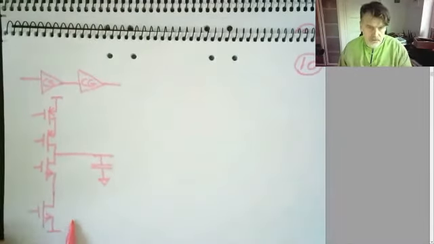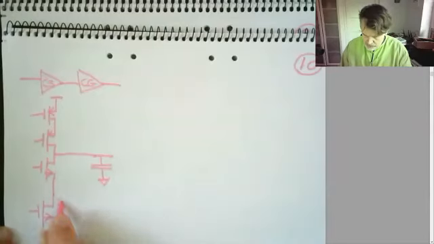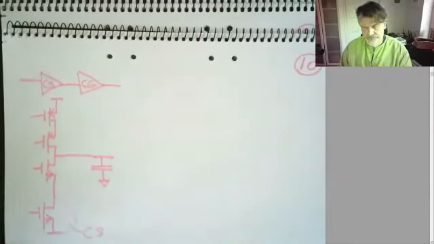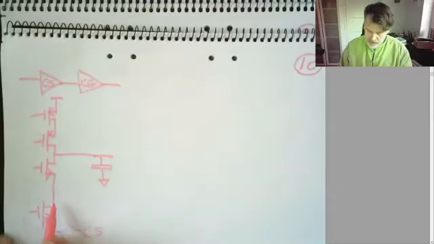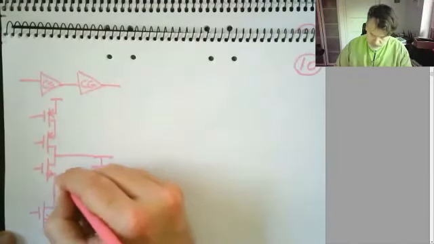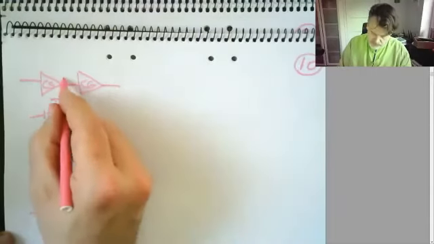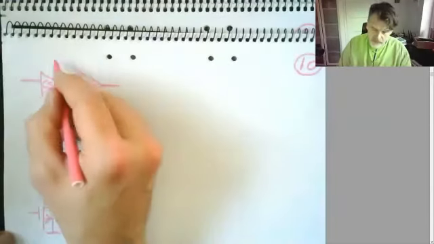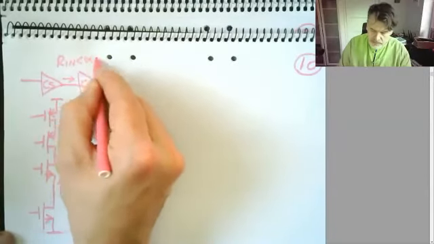This is now my first stage, common source down here. And this guy, however, sees a low impedance node here into the gate here. So R in here is less than infinite.